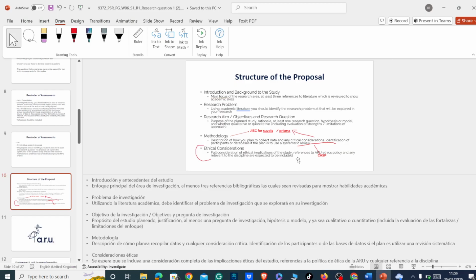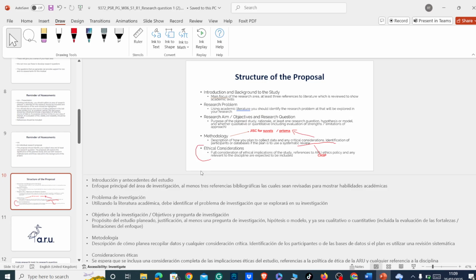It's multiple choice. You can take it as many times as you like. Pass mark is 70, so 7 out of 10, I believe. All the information you need is there. It's not difficult.